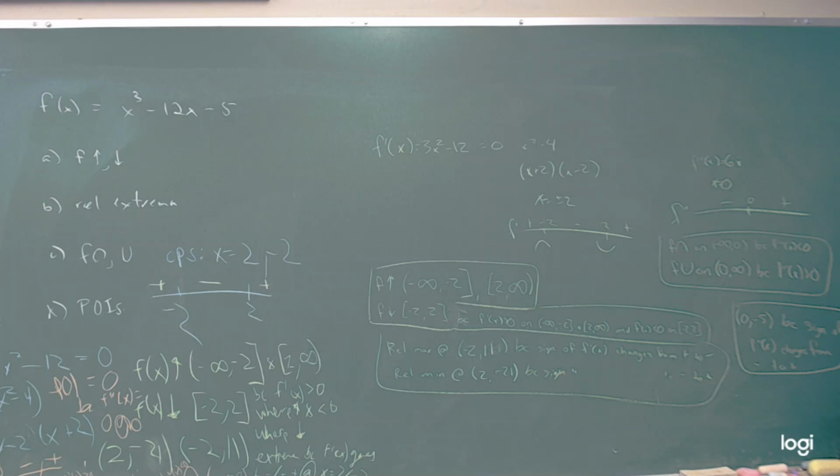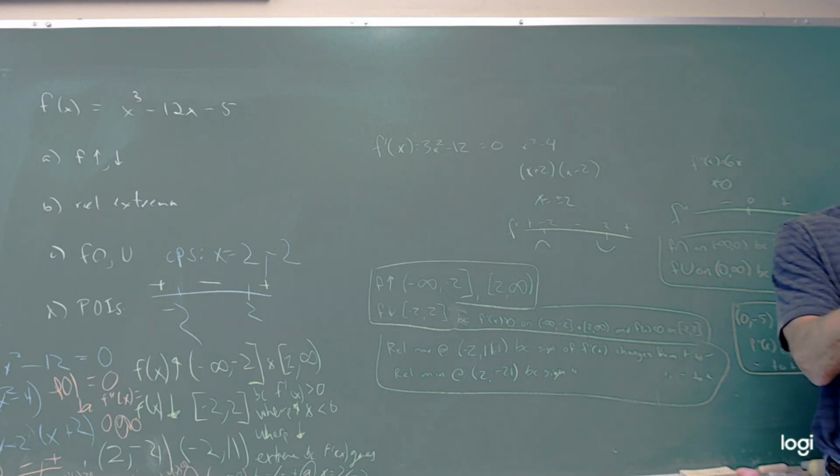I'm going to run out of time before I talk about the second derivative test for relative mins and maxes. Remember, the way that goes is you find the critical points, which are where the derivative is 0. The derivative being undefined isn't going to be useful with the second derivative test because if the first derivative isn't defined, neither is the second derivative. And you're going to take that critical point that made the first derivative 0, plug it into the second derivative.